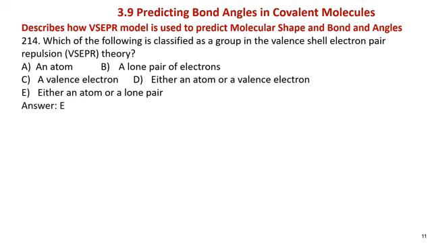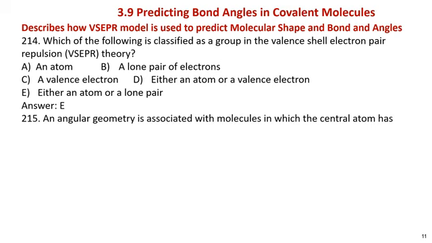Shape is related to the valence shell electron pairs plus the atom. Angular geometry is associated with a molecule whose central atom has 2 bonds and 2 non-bonding electron pairs.